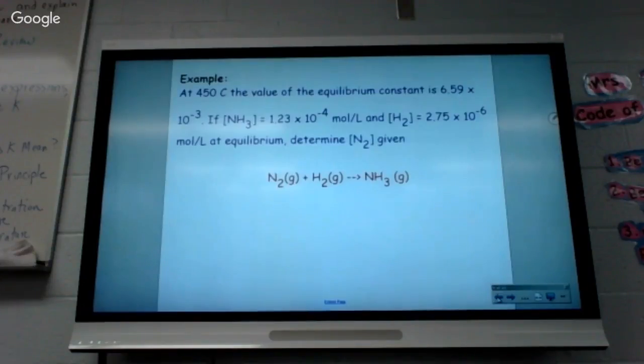So this one is different. The value of the equilibrium constant is 6.59 times 10 to the negative third. If ammonia is 1.23 times 10 to the negative fourth, and hydrogen is 2.75 times 10 to the negative sixth, determine N2 given that equation.